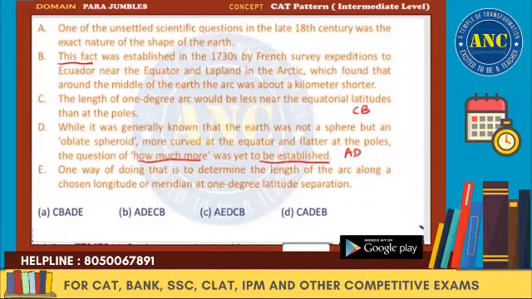Then one way of doing that, what is that talking about? To establish how much more. One way of establishing how much more is to determine the length of arc along a chosen longitude or meridian at 1 degree latitude separation. So ADE seems to make sense.